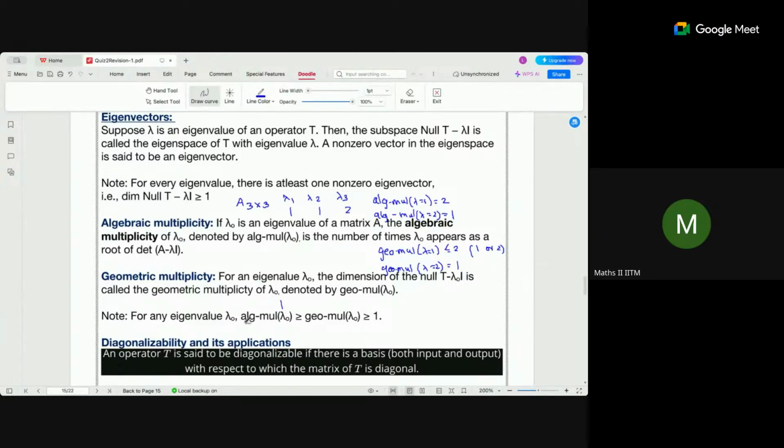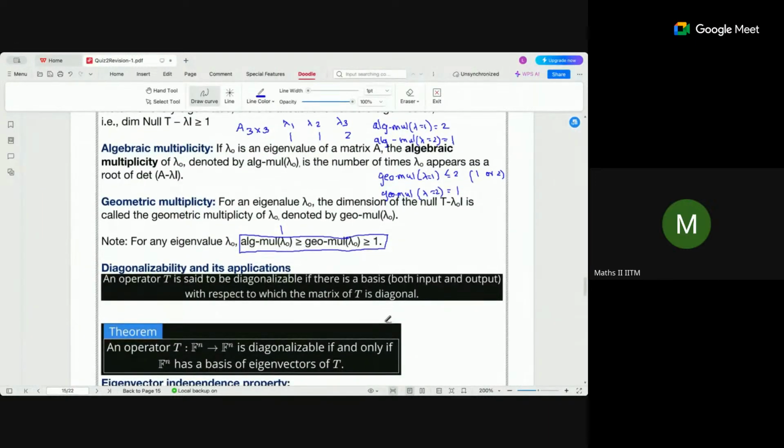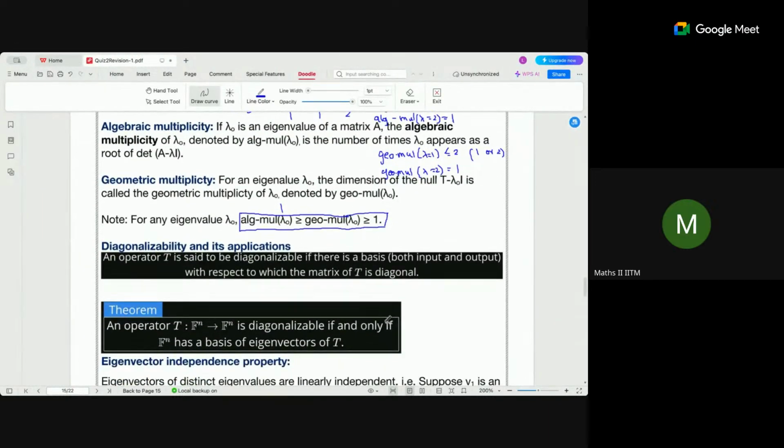This is an important relation between algebraic and geometric multiplicity. Based on them, we can decide diagonalizability. What is diagonalizability? An operator T is said to be diagonalizable if there is a basis with respect to which the matrix of T is diagonal.